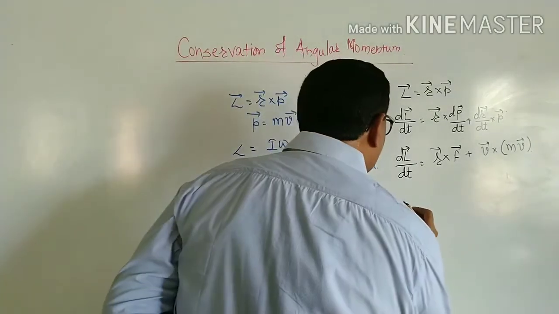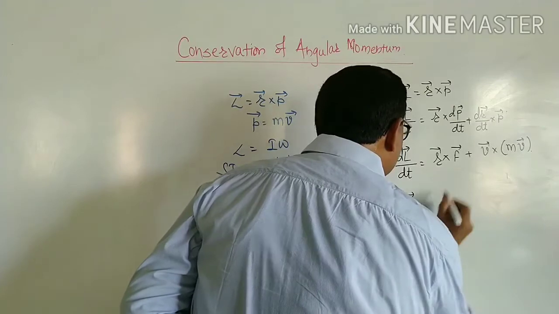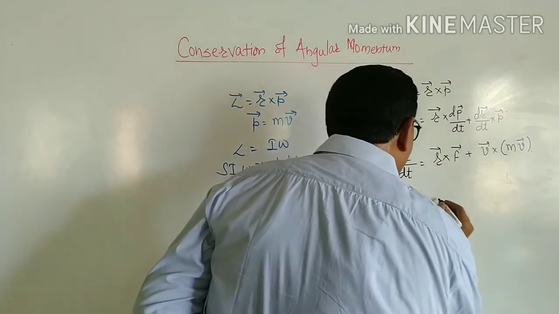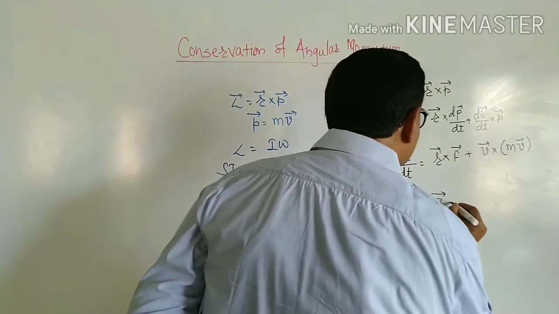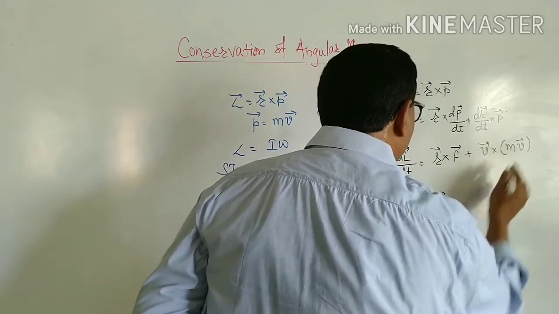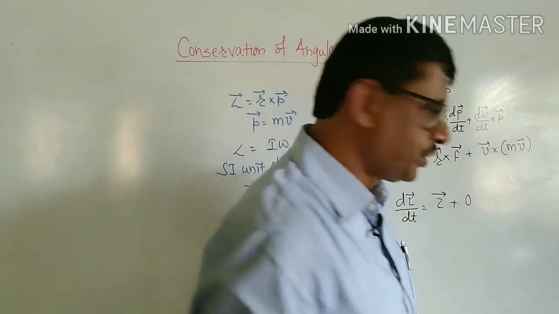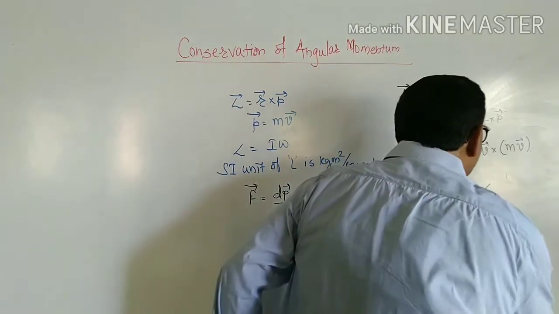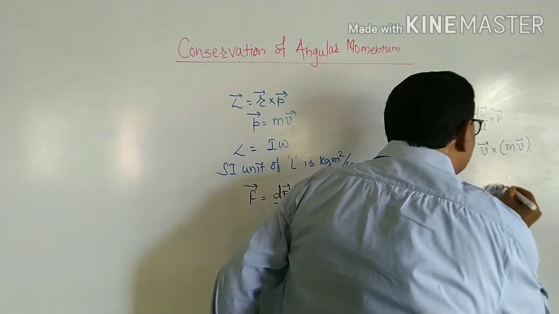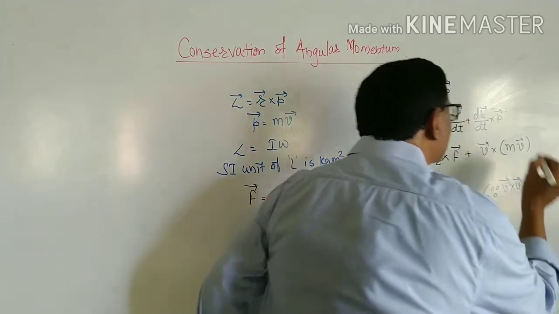Therefore, the rate of change of angular momentum dL by dt is equal to R cross F, which is the moment of force, the torque, plus vector v cross vector v. It is the self cross product, and since self cross product is 0, vector v cross vector v is equal to 0.